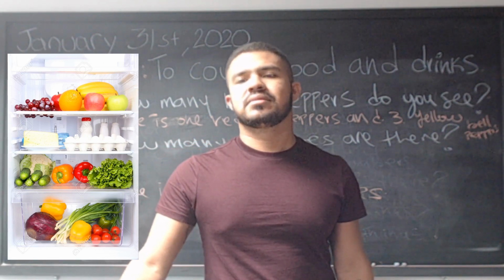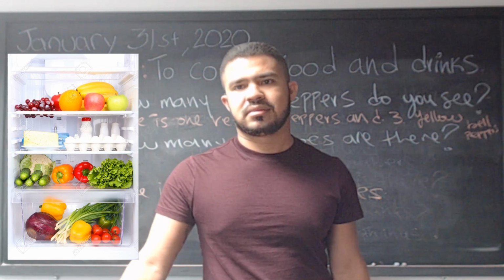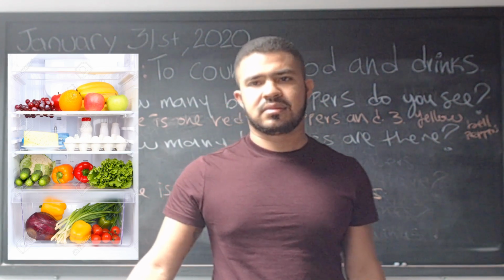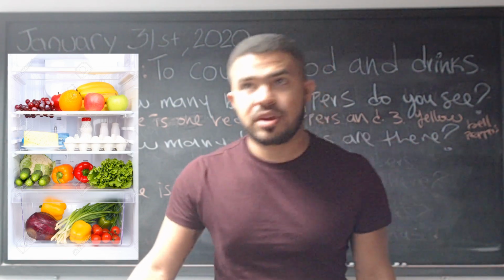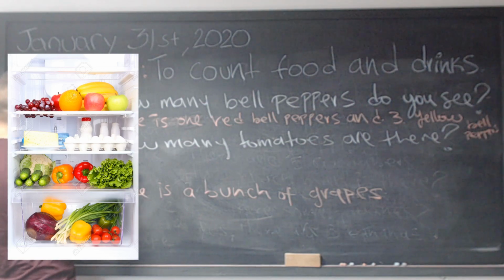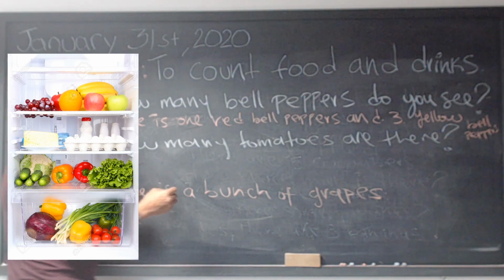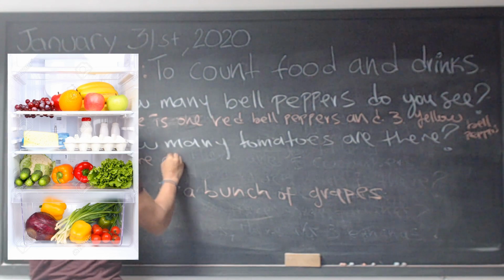Valentina, there are 7 tomatoes. Very good. There are 7 tomatoes. It's okay, the pronunciation. How many? 7.